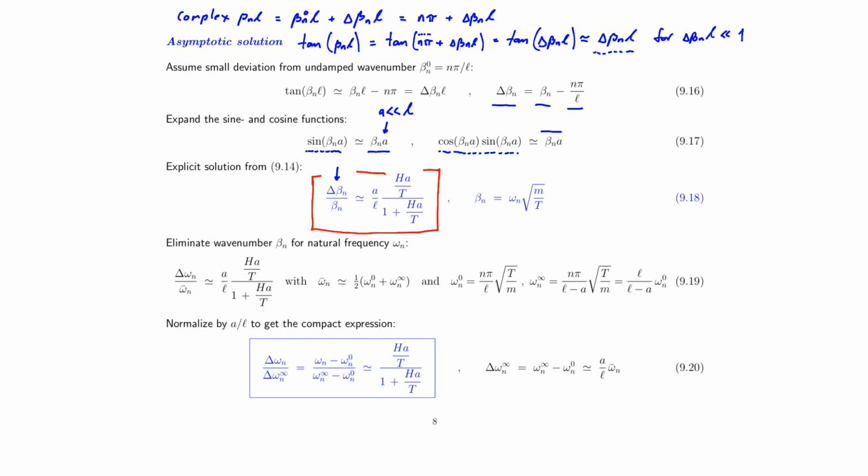And remember that beta_n is equal to the natural frequency multiplied by the square root, where inside we have the mass per unit length divided by the tension force. And now we kind of have to decide whether we want to do this in omega or in beta, because on the left-hand side of 918 we have beta, but on the right-hand side h is typically a function of omega, the natural frequency.